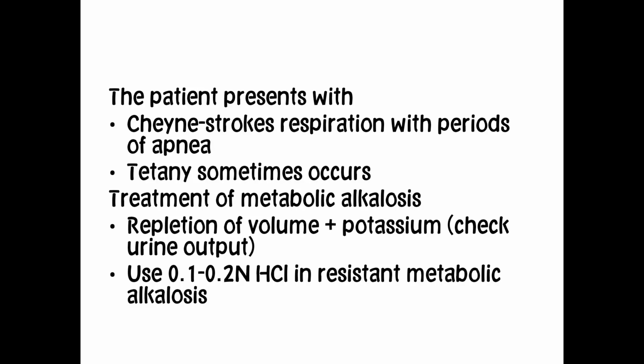Treatment of metabolic alkalosis is through administration of fluids, that is IV fluids, to replenish the lost volumes in cases of vomiting. In addition to that, it is advisable to administer potassium to replace the lost potassium ions, and as you do so, you monitor the urine output.